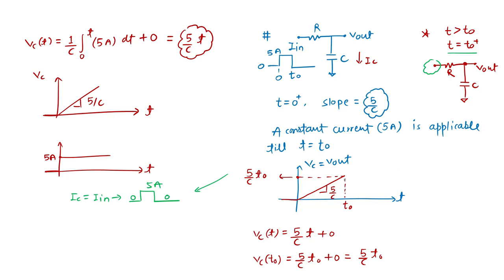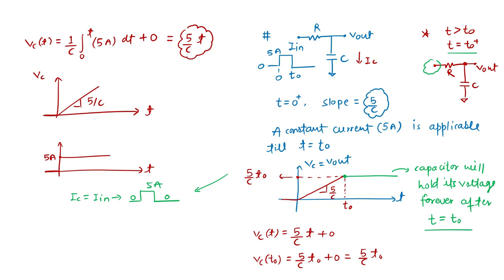So the capacitor will hold whatever value it got, and it will hold this voltage value forever after t equal to t naught.